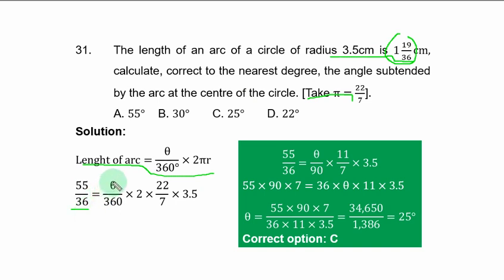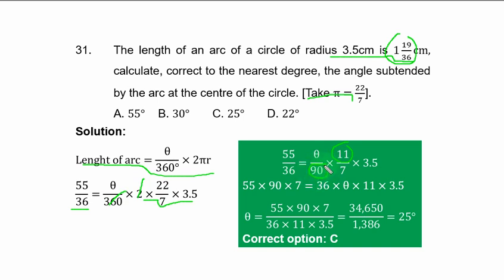The angle is unknown, theta over 360 times 2 times pi times radius 3.5. If you reduce 2 and 360, you have 180. If you divide 180 and 22 by 2, you have 11 remaining there, and here is 90.